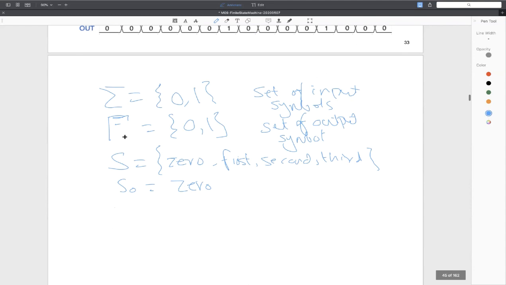So I have to define delta, which is a transition function. There are many different ways one can write functions, but we can think of delta as a table, which takes current state, takes input.